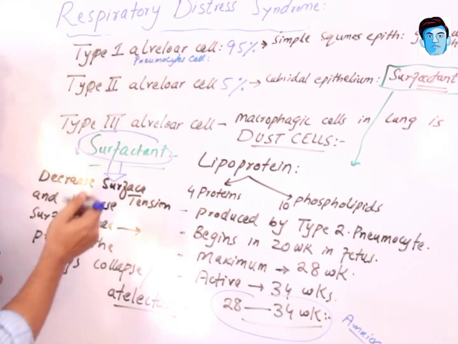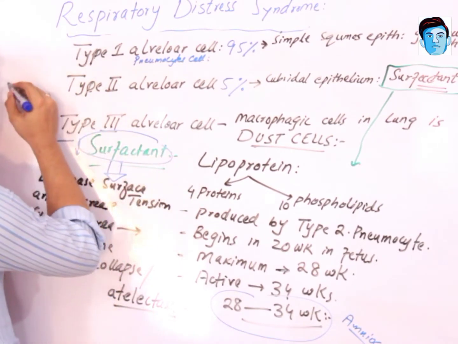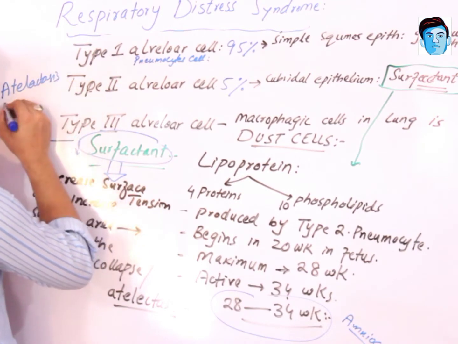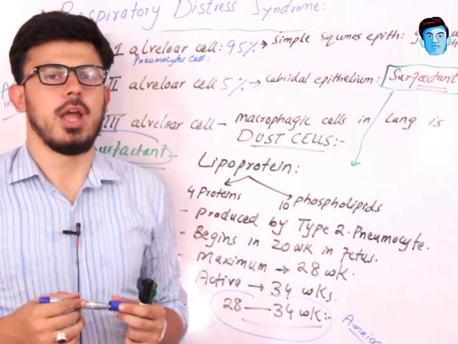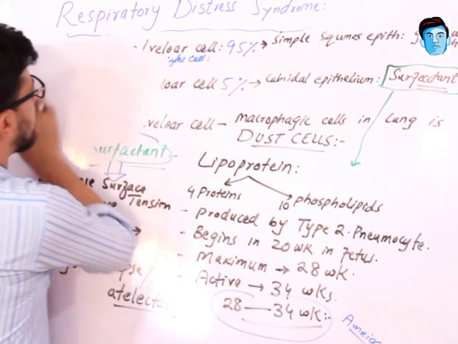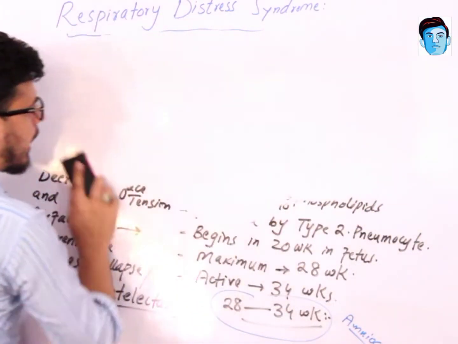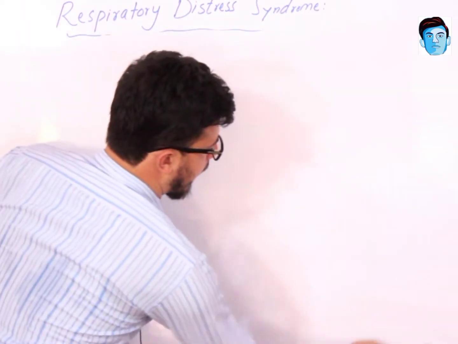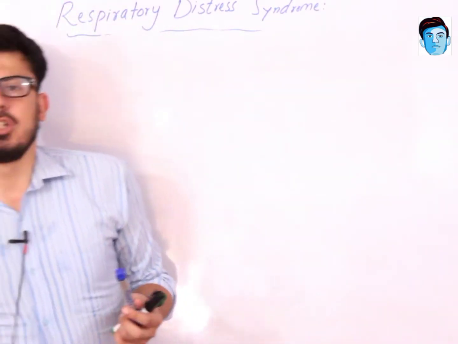As a result, if the surfactant level is low, it would lead to atelectasis in the lung, so it would lead to a lung collapse. Now just imagine if delivery occurs in a female before 34 weeks, what would be the consequences? Respiratory distress syndrome is a prematurity disorder.